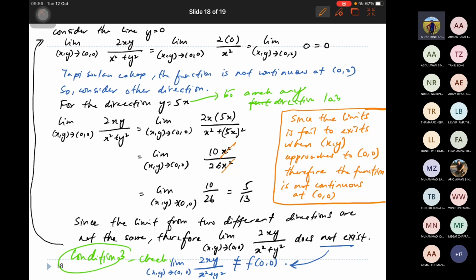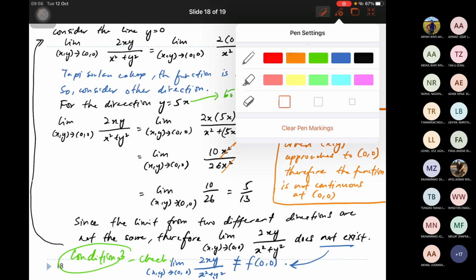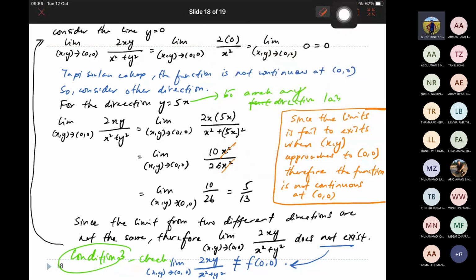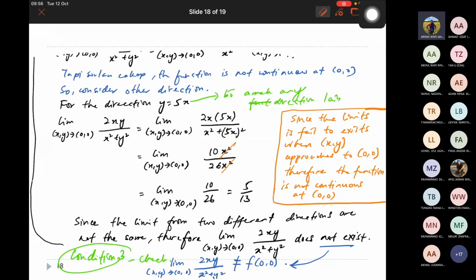The next question. Find the limits of the function. Tengok the next question.